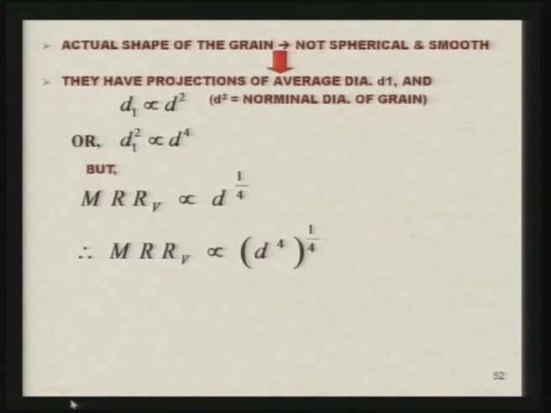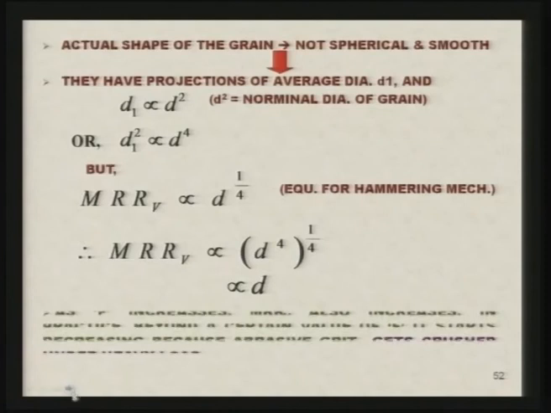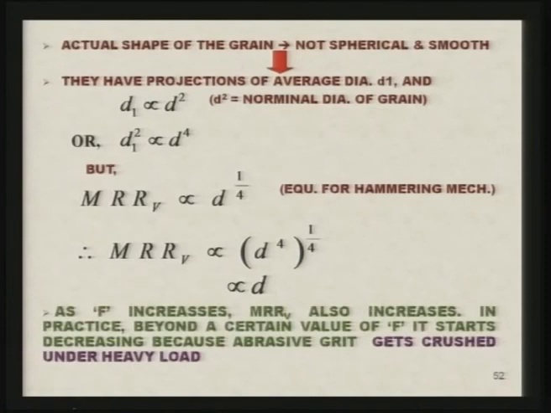So if we substitute this value in the hammering model, we get D raised to power 4 whole raised to power 1 by 4, which is proportional to D, and experimentally it is observed that the volumetric material removal rate is proportional to D.